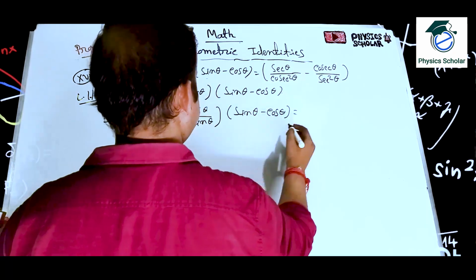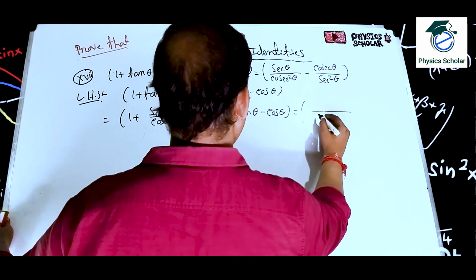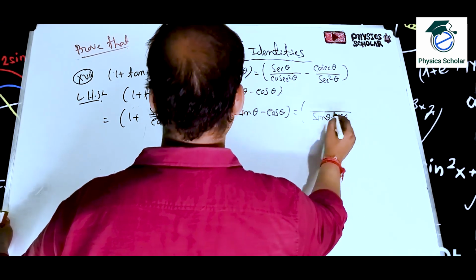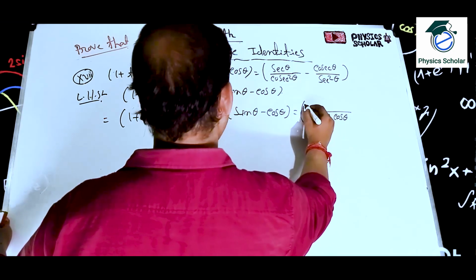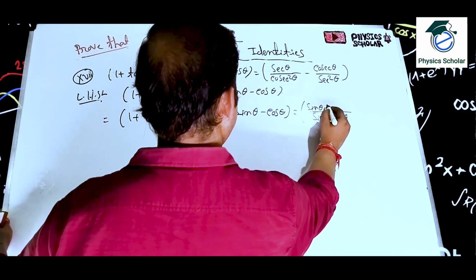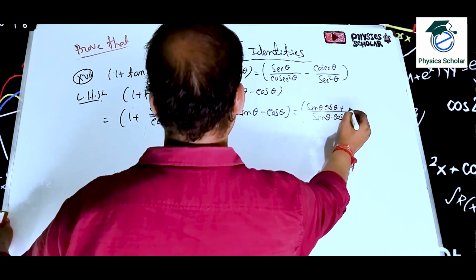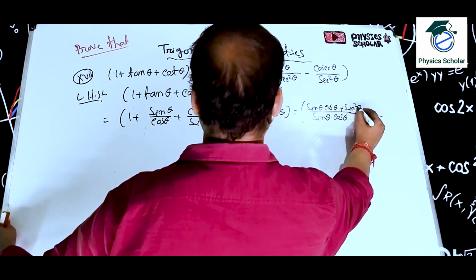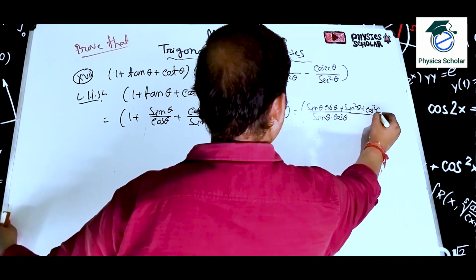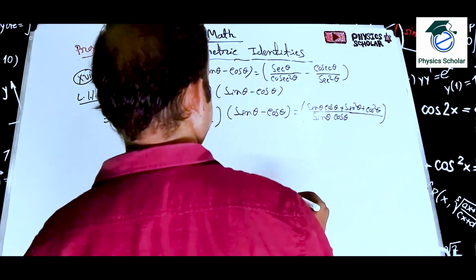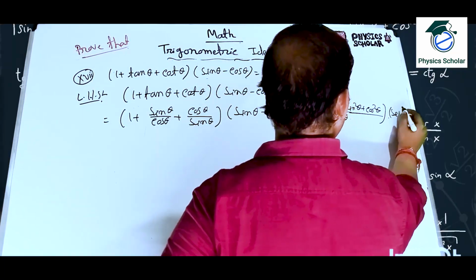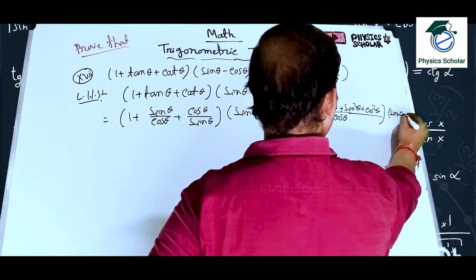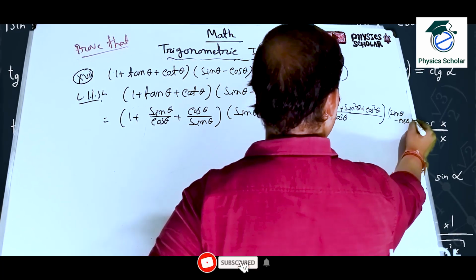So what we can write here? Sin theta cos theta will be the LCM. So sin theta into cos theta will be the LCM. So now it is sin theta cos theta plus sin square theta plus cos square theta into sin theta minus cos theta. Clear?